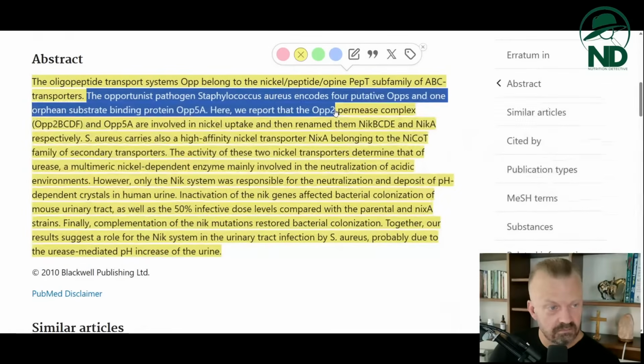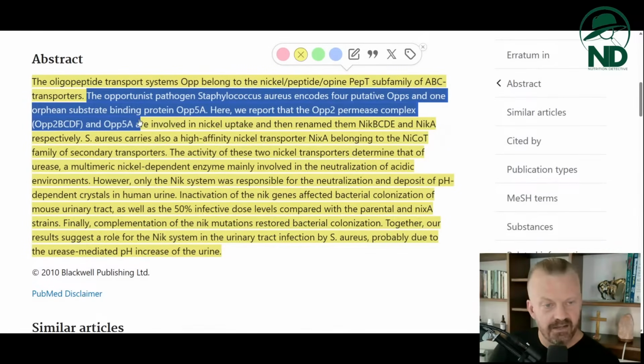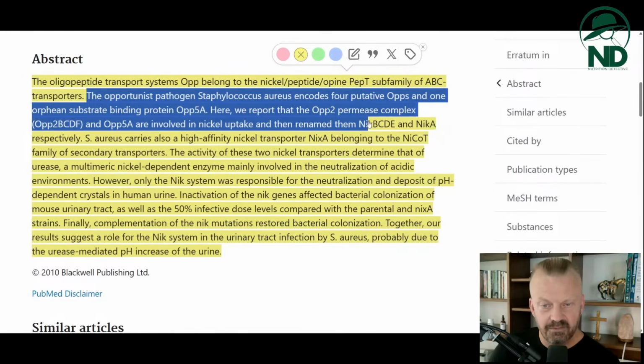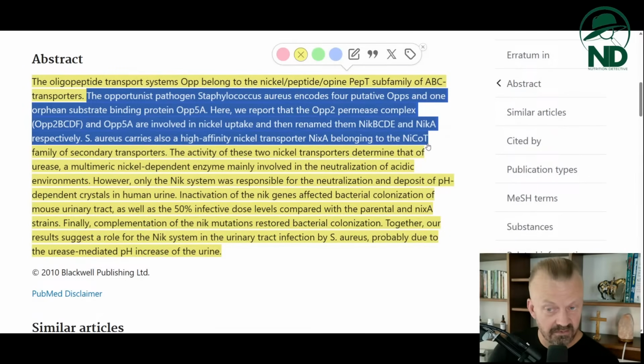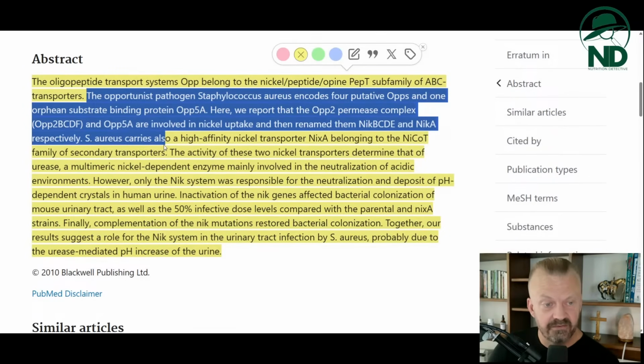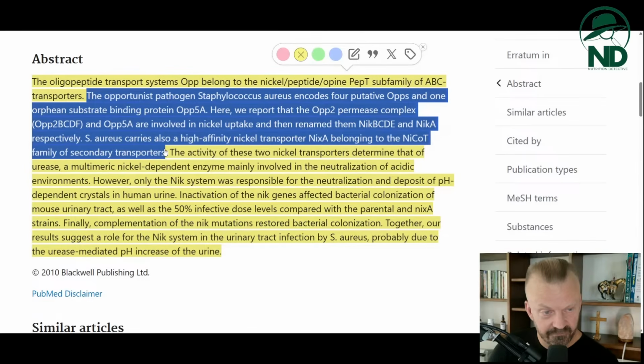The 2 complex and the 5A are involved in nickel uptake and were renamed Nic BCDE and Nic A respectively. Staph aureus carries also a high affinity nickel transporter, Nix A, belonging to the nickel cobalt family of secondary transporters. But it's got lots of stuff for nickel.